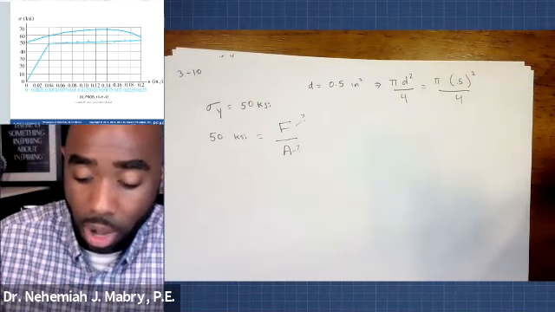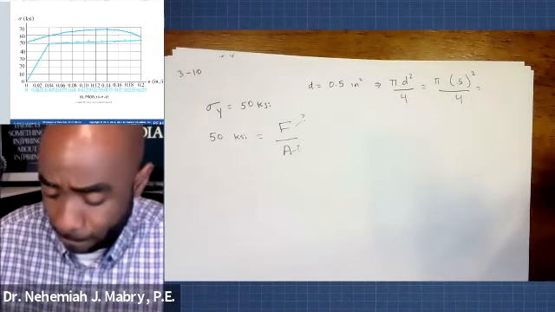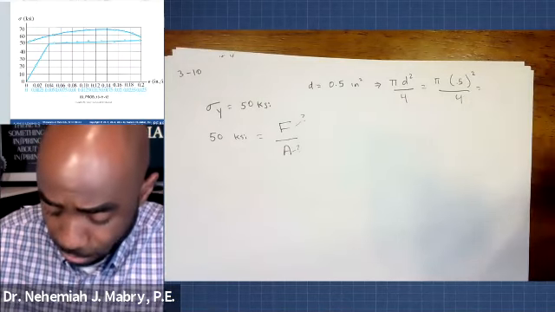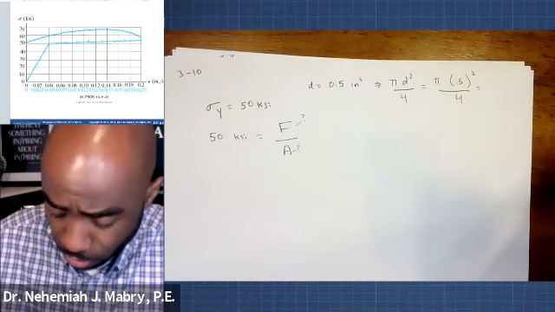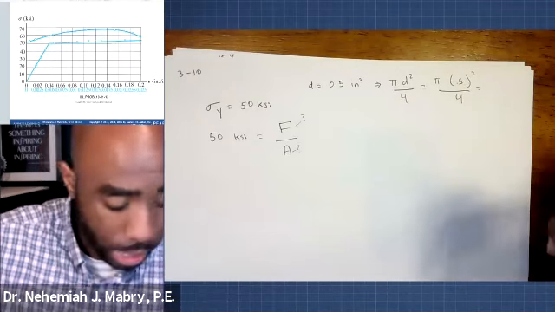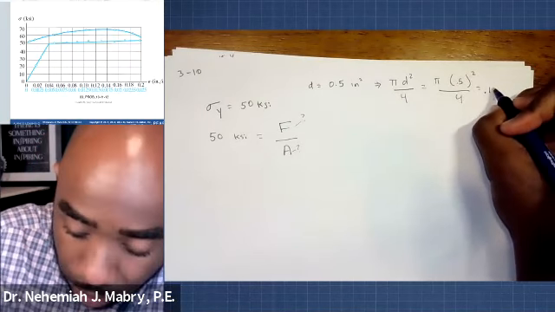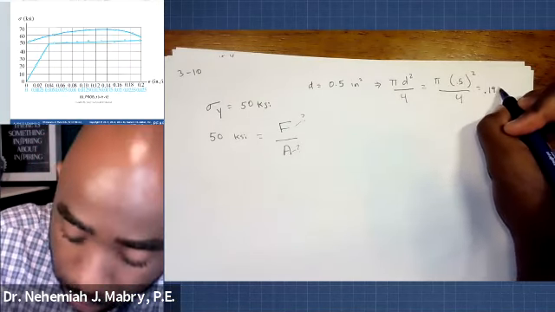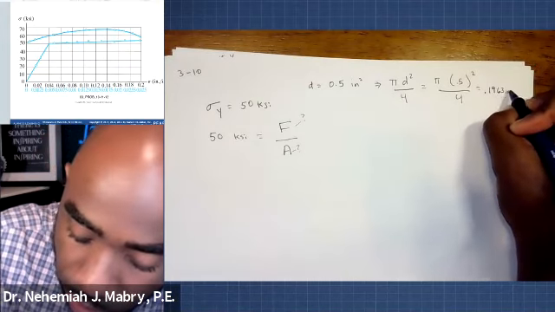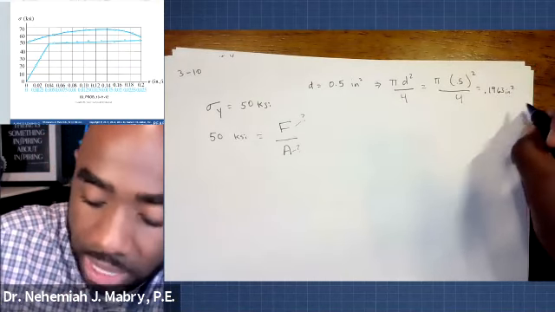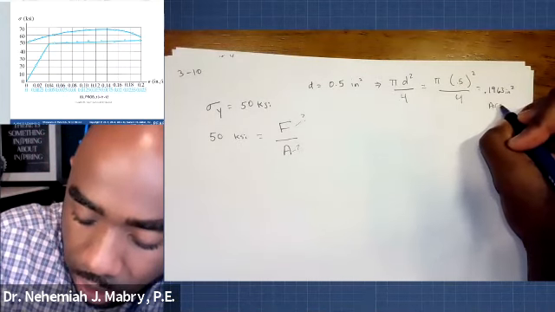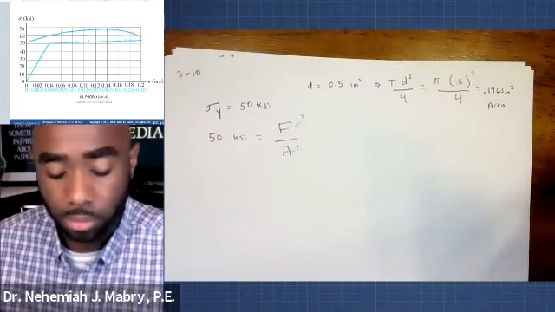And we can get our area. And you should have, if your calculator agrees with mine, 0.1963 inches squared. That is the cross-sectional area.